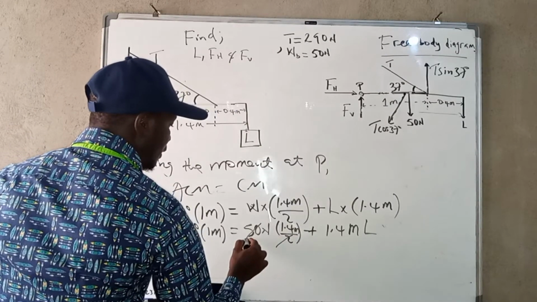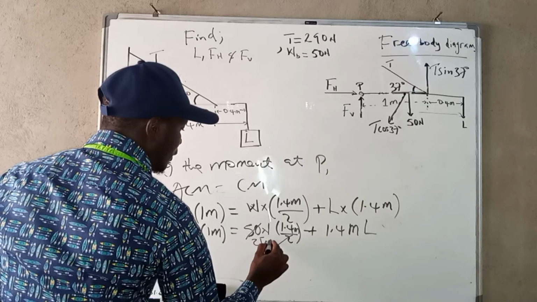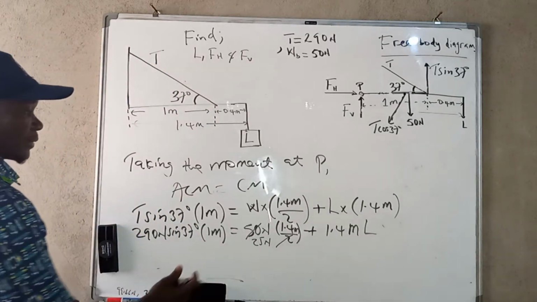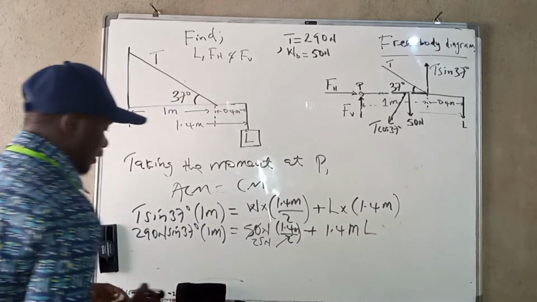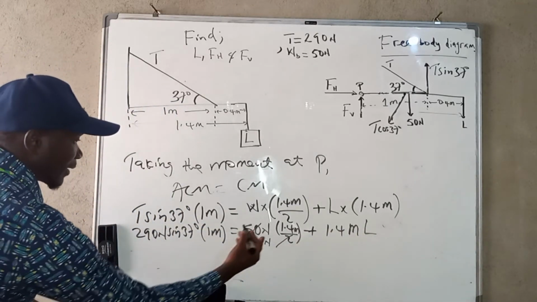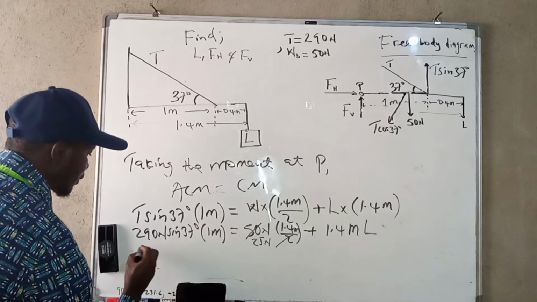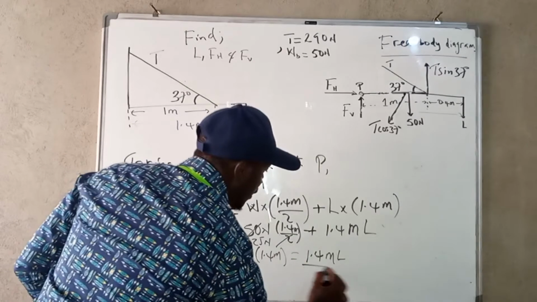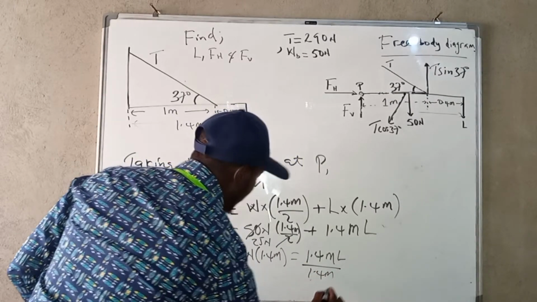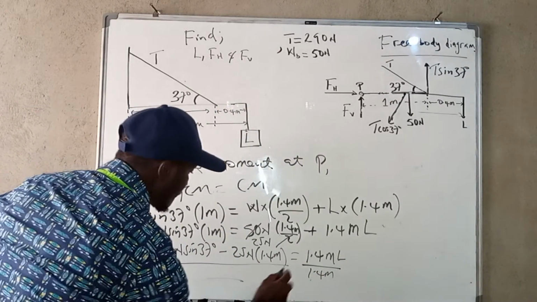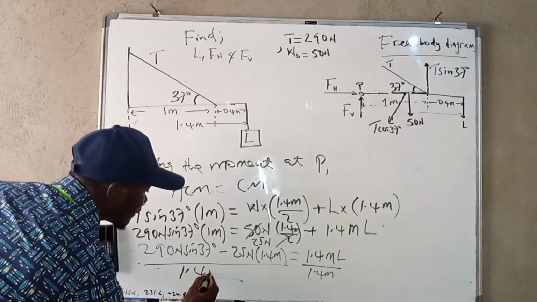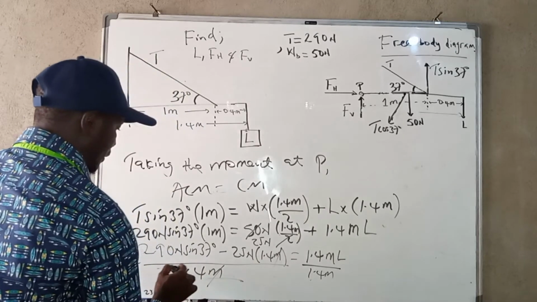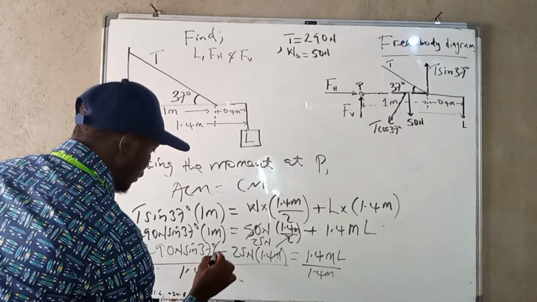So from this point, this times this is 25. So we have 25 newtons here. And then we can make L the subject by simply subtracting this from this. When it crosses, we're going to have 290 sine 37 degrees. So if we want to find the value of L, we divide by 1.4 meters, and also times 1 meter here.